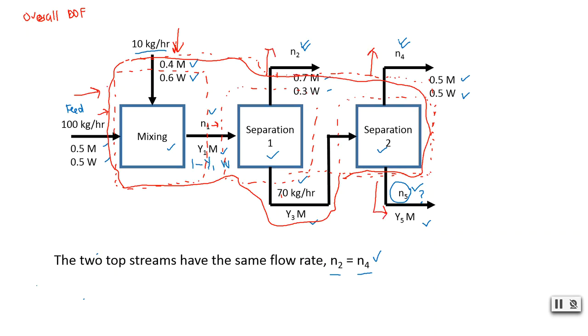So we have 2 streams going in and 3 streams going out, and we don't consider the other streams involved inside the process. This is very important for you to determine the boundary of the system in order to calculate the DOF. If you get this, then you will be able to answer the DOF analysis.